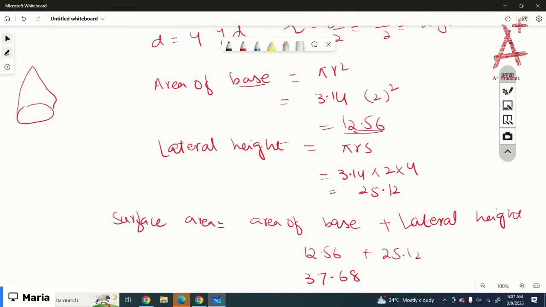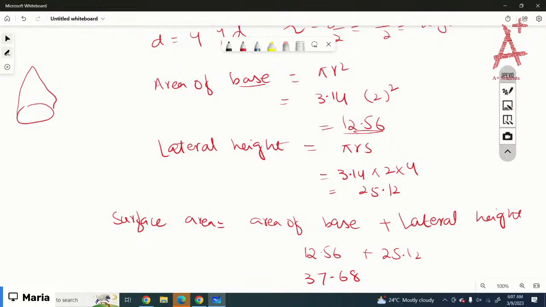You can divide the cone into two shapes. The first one is the base of the cone and the second one is the triangular shape. Got it? The base of the cone is in the circular shape, so the area of the circular shape is pi r square. Then you have to calculate the lateral area. The lateral area is pi r s.